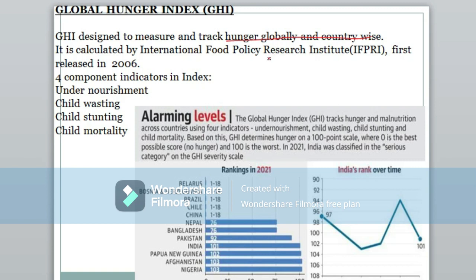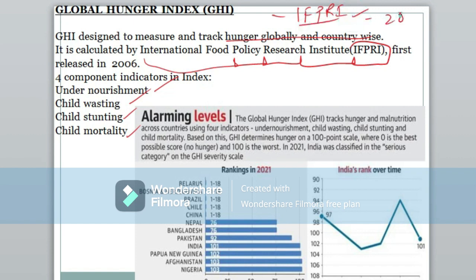It also takes into consideration four factors: undernutrition, child wasting, child stunting and child mortality. It is calculated by IFPRI, that is the International Food Policy Research Institute. Okay, Global Hunger Index by IFPRI.